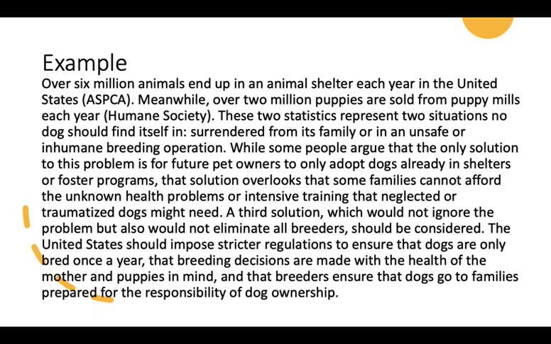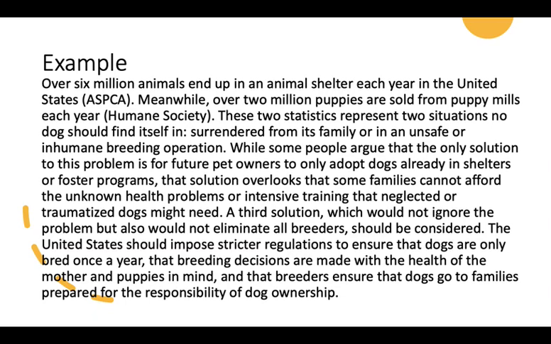While some people argue that the only solution to this problem is for future pet owners to only adopt dogs already in shelters or foster programs, that solution overlooks that some families cannot afford the unknown health problems or intensive training that neglected or traumatized dogs might need.